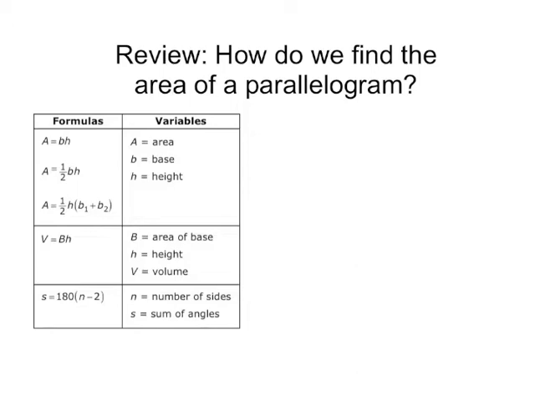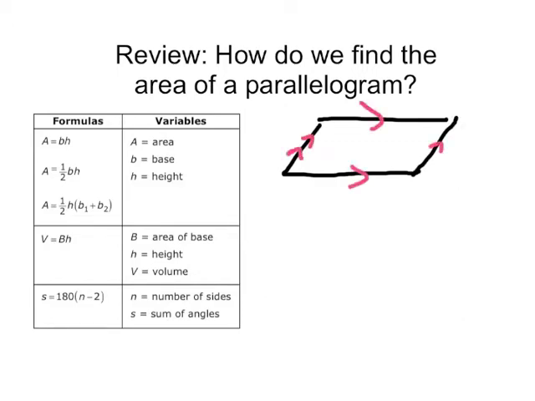To be able to find the area of a triangle, let's first review how to find the area of a parallelogram. So a parallelogram is a four-sided shape where the opposite sides are parallel, meaning that they go in the same direction.